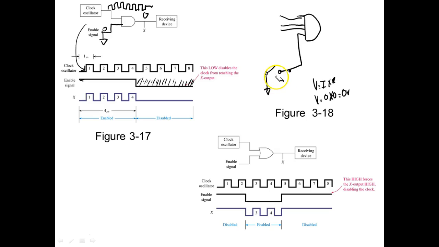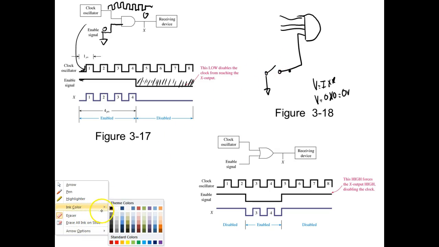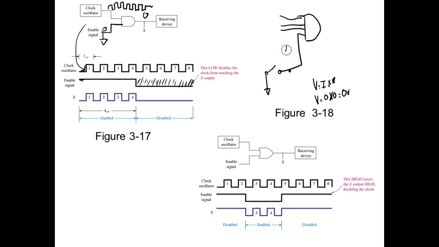So if I close the switch, I would get a low. If I open the switch, I would get a nothing. So if I come over here and put what we call a pull-up resistor right here, and then I connect this up to plus 5 volts, now when the switch is open, I get plus 5 volts right there. When I close the switch, I get a 0. Y'all understand that?